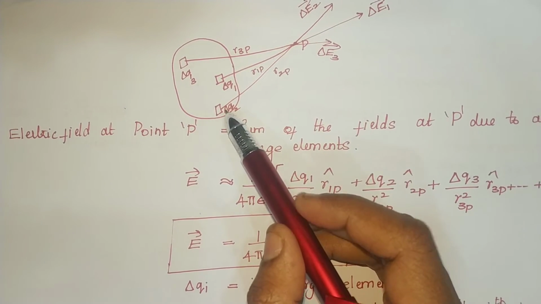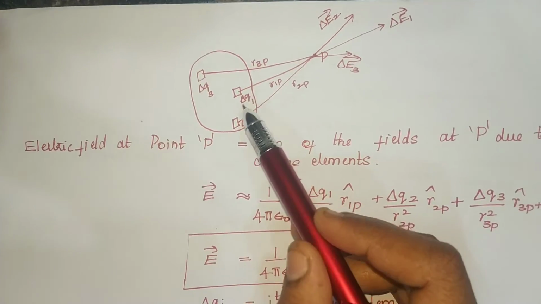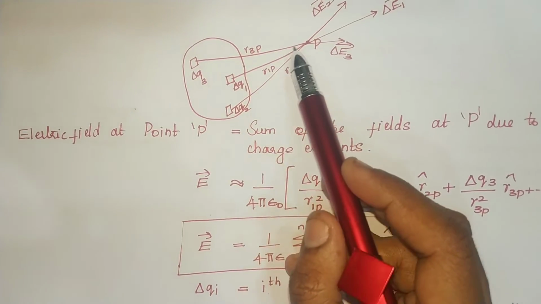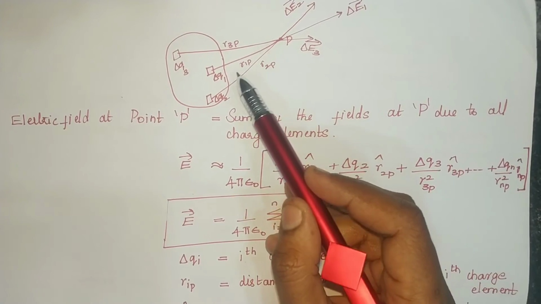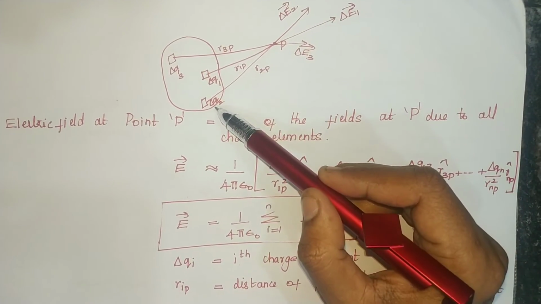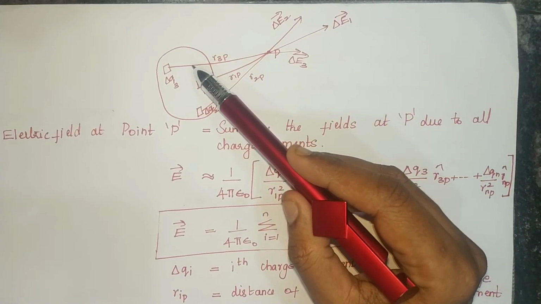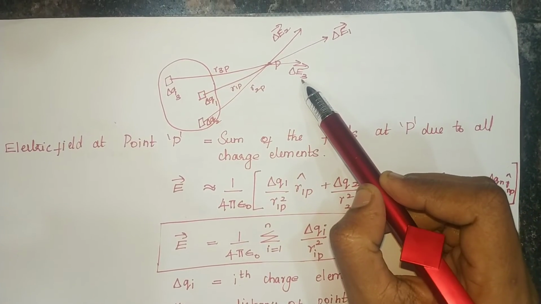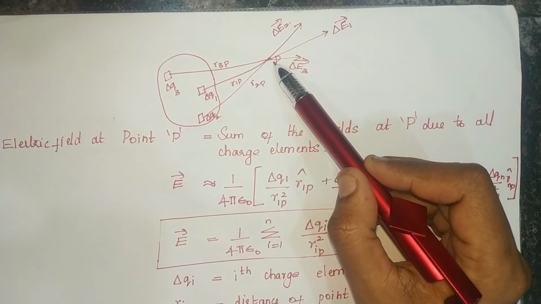Here we consider the diagram, a continuous charge distribution with charge elements del Q1, del Q2 and so on up to del Qn. And here the point P is taken. The field created due to del Q1 is del E1 vector. The field created due to del Q2 is del E2 vector and the field due to del Q3 is del E3 vector.